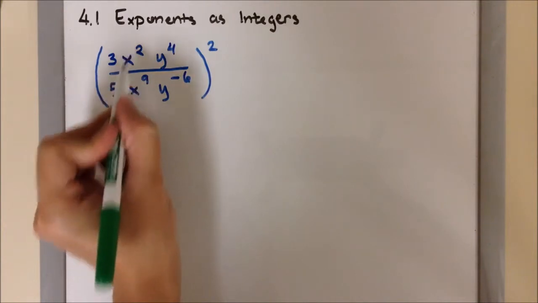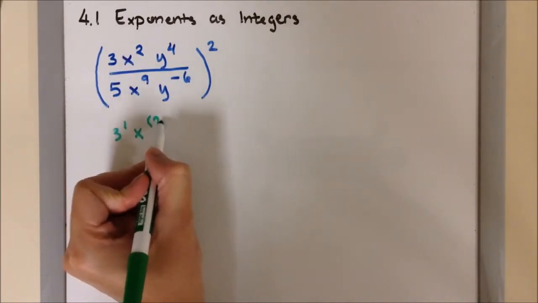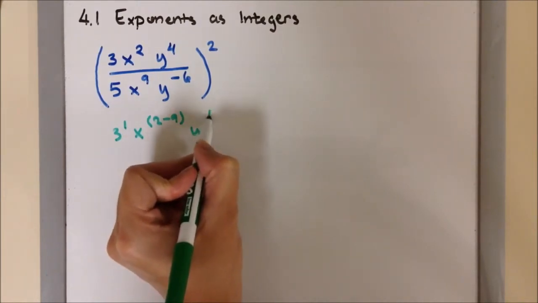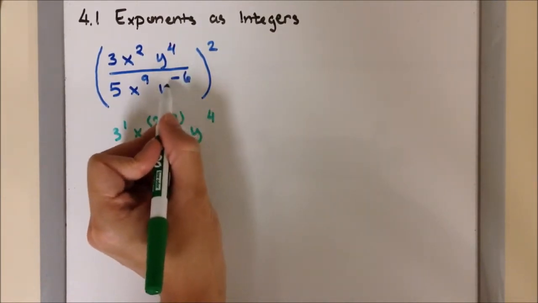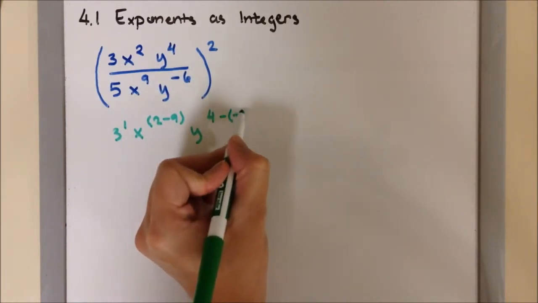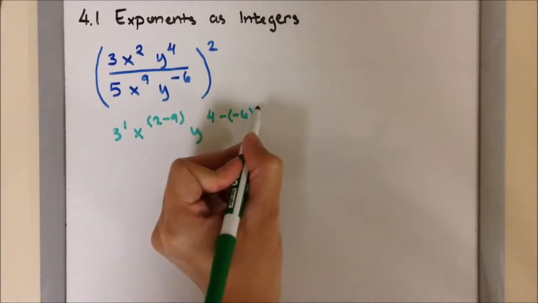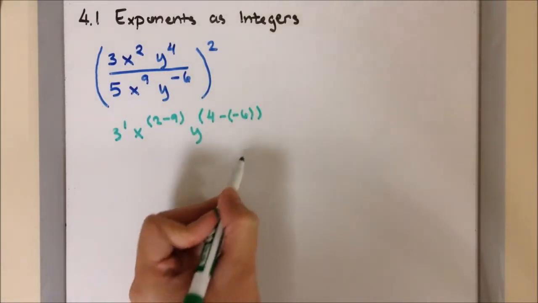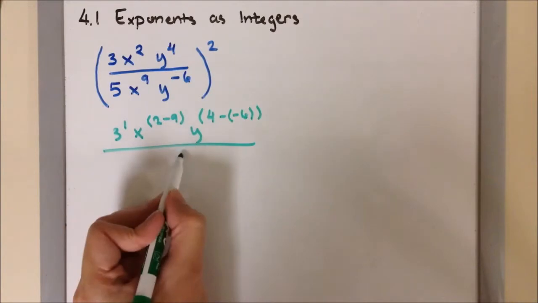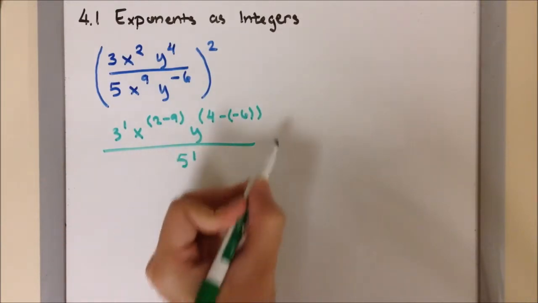So x, top minus bottom, so 2 minus 9, and then my y, 4. Now since it started off with negative 6 in the bottom, I'm going to write minus, parenthesis, -6, close parenthesis, and then another set of parentheses on the exponent, over, and then it's just going to be my 5 on the bottom with the invisible 1 exponent.